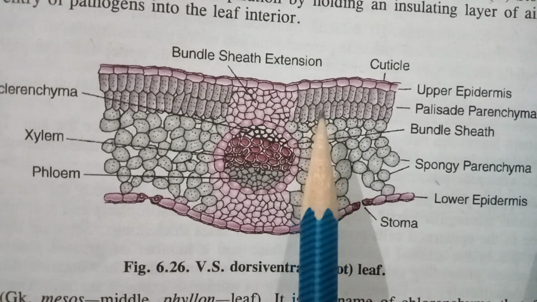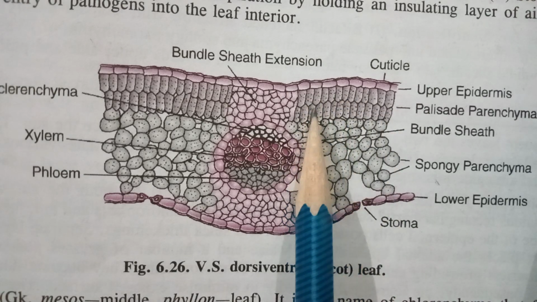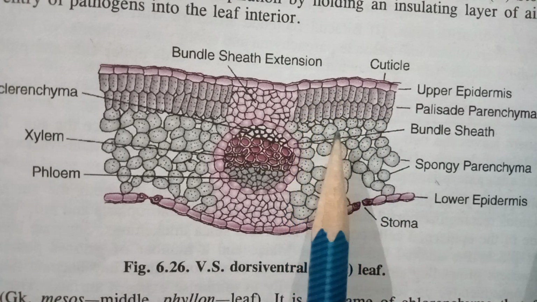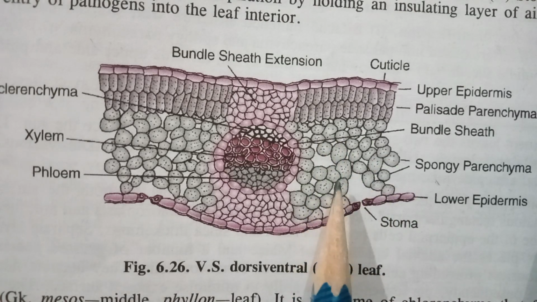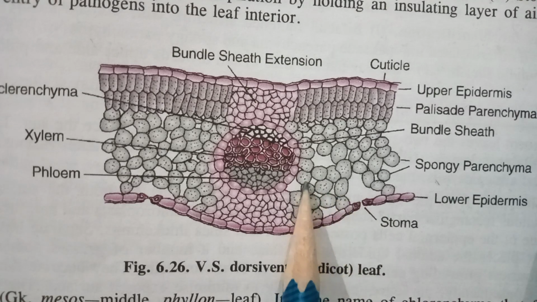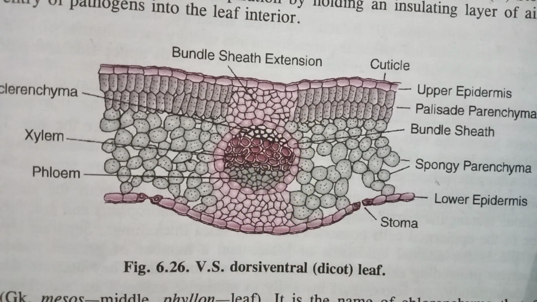The palisade parenchyma, these are columnar cells. They are compactly arranged. They contain lots of chlorophylls, whereas the spongy parenchyma, these are oval shaped cells. They are loosely arranged and they also contain chlorophyll.